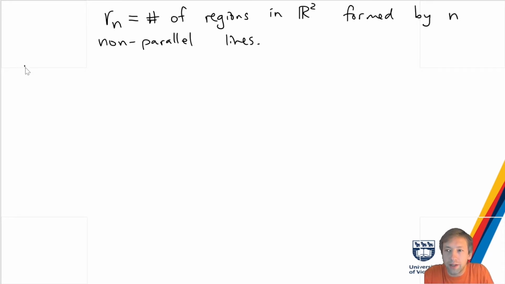So in particular, R0 is 1 because if I take no lines, then the plane is one region.